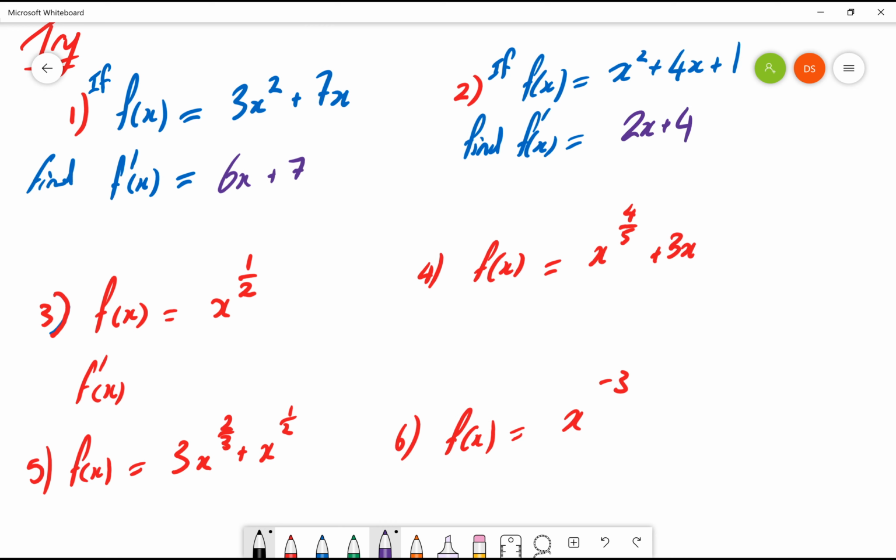f dash of x, multiplied by powers, that's 4/5. Take 1 off 4/5. 4/5 minus 1 is negative 1/5. Okay, and I reckon that's very manageable to do, especially with you guys being able to do fractions.